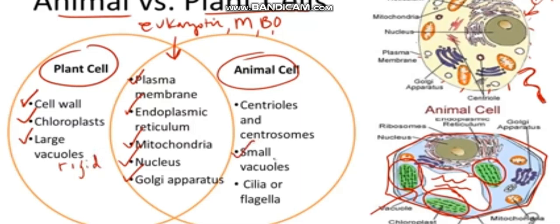To help the animal cells out with cell division, they have what's called centrioles and centrosomes. And these cells also sometimes have cilia, these tiny hairs lying on the outside of the plasma membrane.